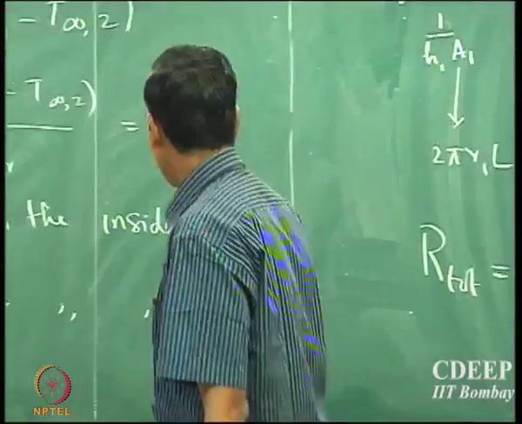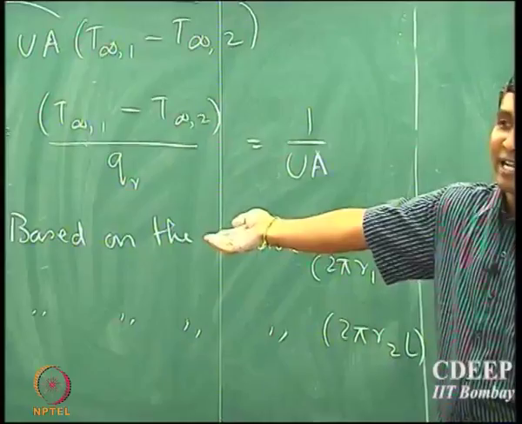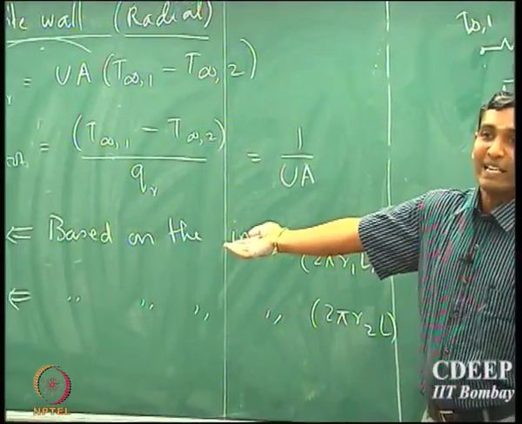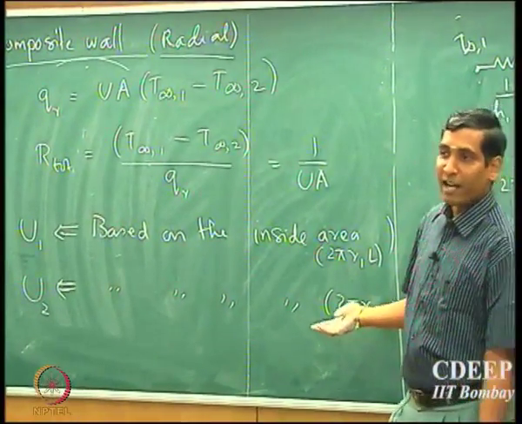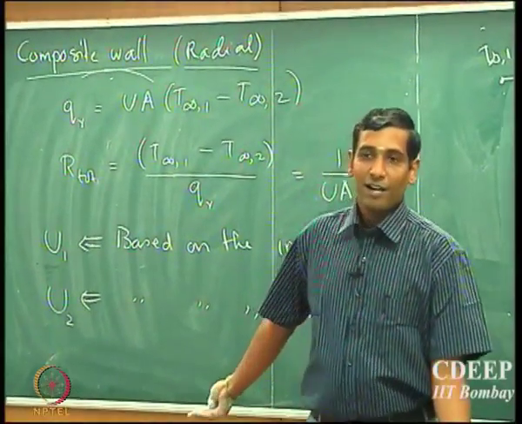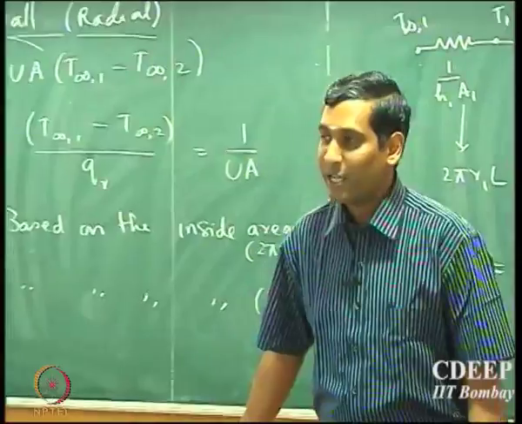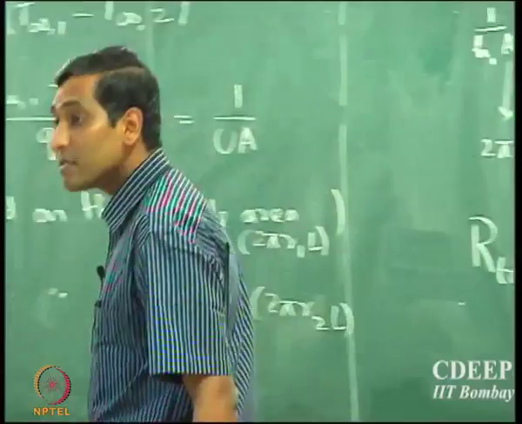In that case I should use the inside area and find the overall heat transport coefficient based on the inside area. If I want to find the cold fluid properties, then I need to use the outside area and the overall heat transport coefficient defined based on the outside area.